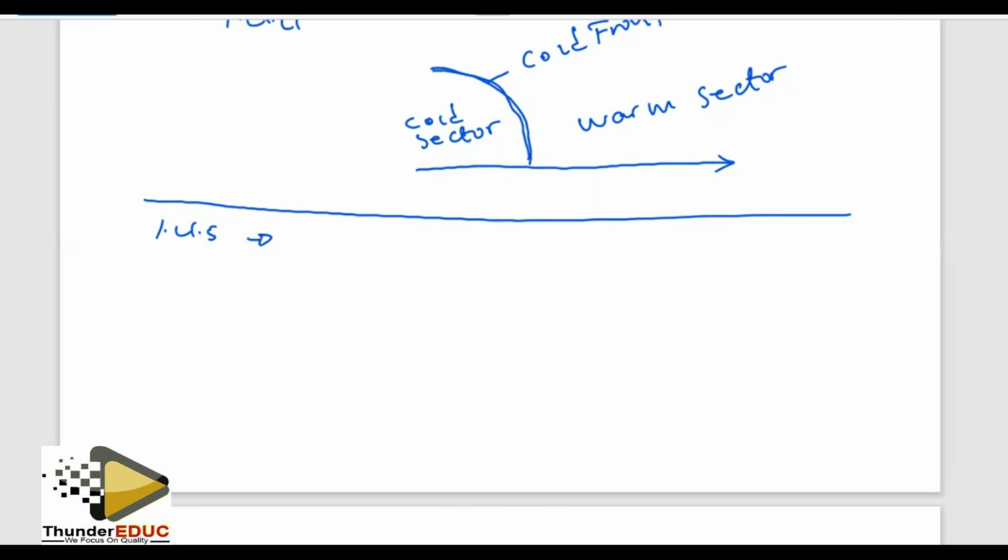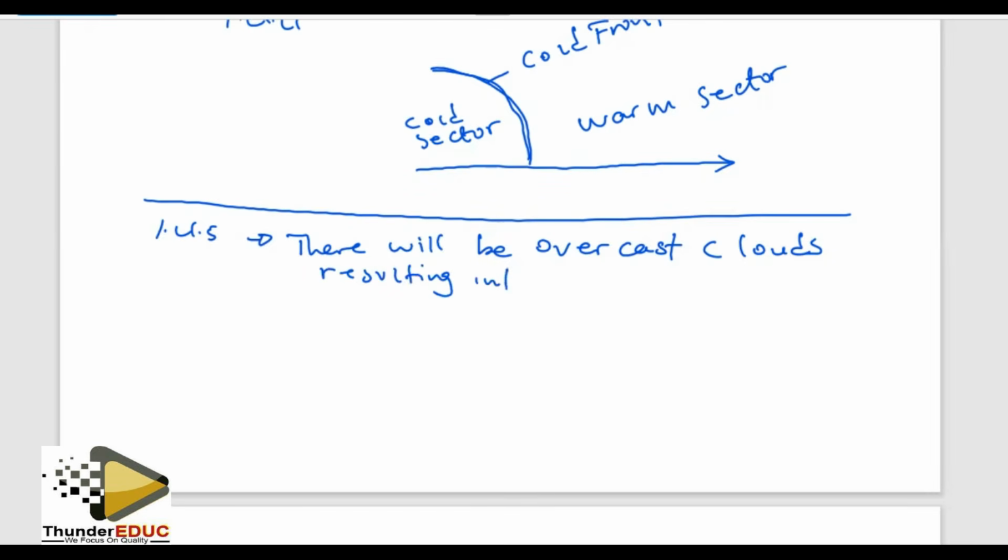So ahead of the cold front, we're going to say, because there will be overcast clouds starting into poor visibility. When it's too dark, it means the tourists might not be able to see properly.